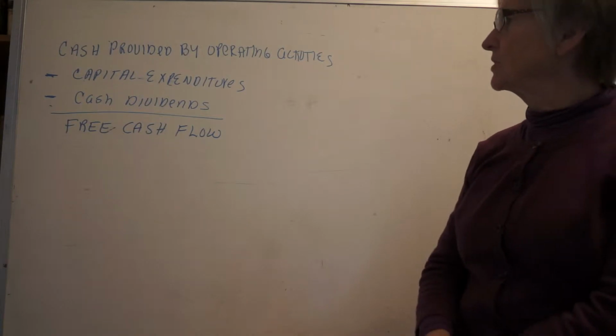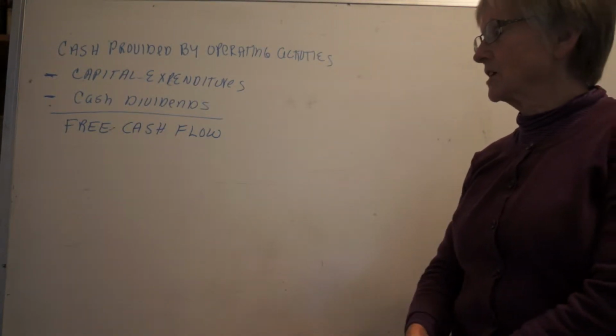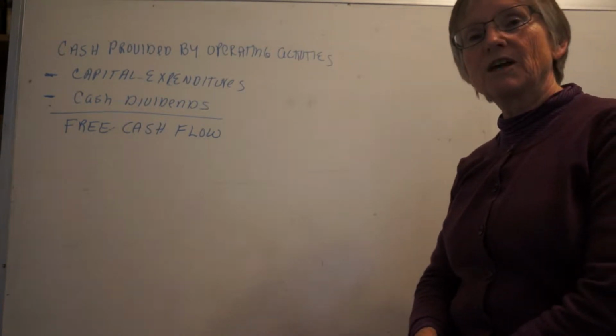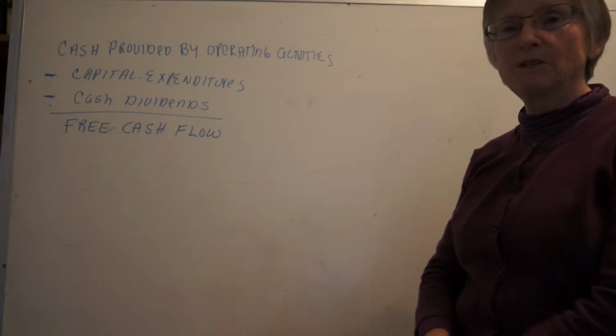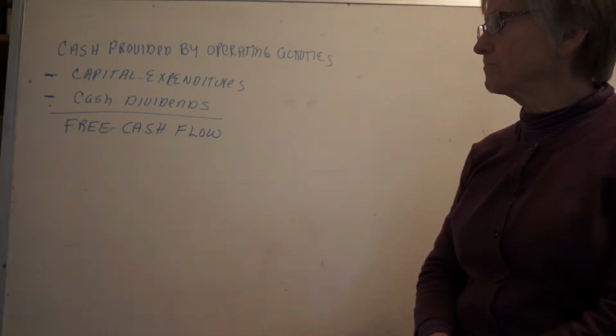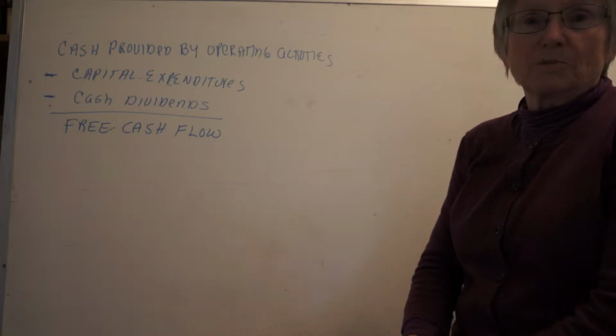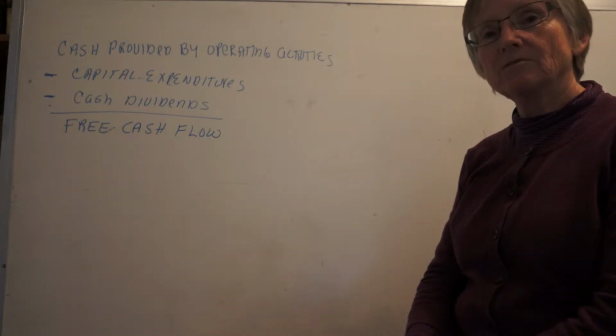So once you've got your cash provided by operating activities, less the capital expenditures, less cash dividends, that gives you the free cash flow, which is what's left over after you've maintained the current level of operating activities to expand your plant operations, to pay down debt.